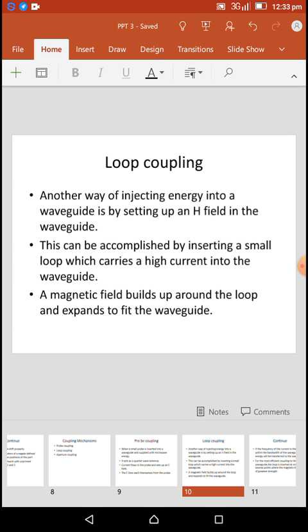A magnetic field builds up around the loop and expands to fit the waveguide. If the frequency of the current in the loop is within the band of the waveguide, energy will be transferred to the waveguide. For the most efficient coupling, the loop is inserted at one of the several points where the magnetic field will be of greatest strength.